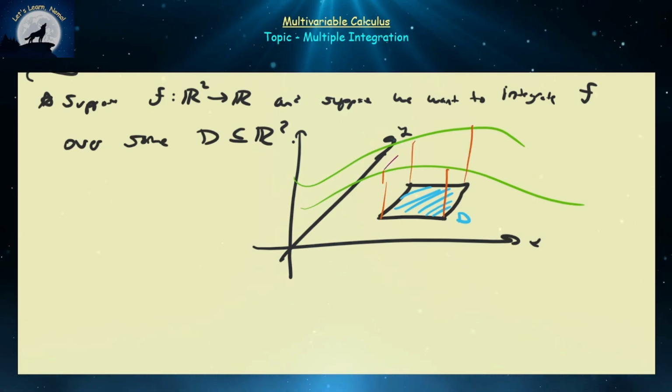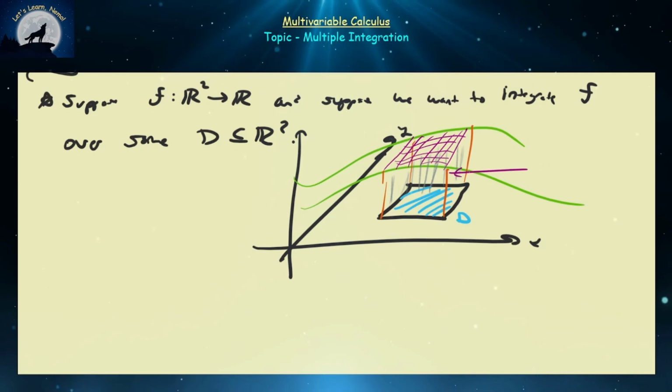For example, if we look at this little region, then you're going to have some surface, and that surface is going to have some volume underneath it. In this case, it almost looks like a cube, but our goal is to find the volume of this region.